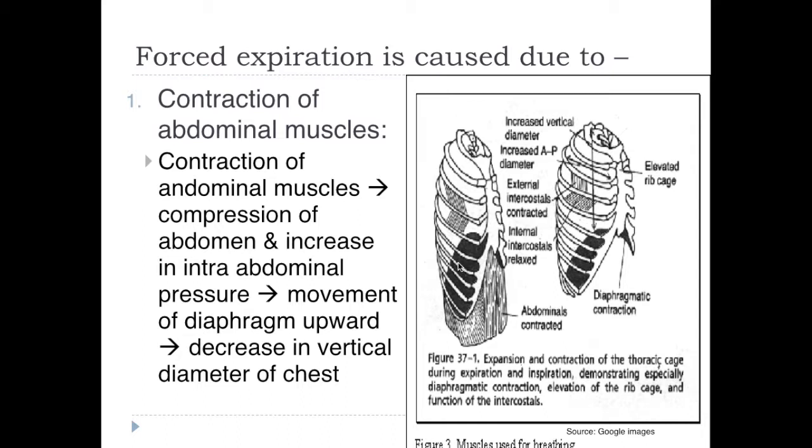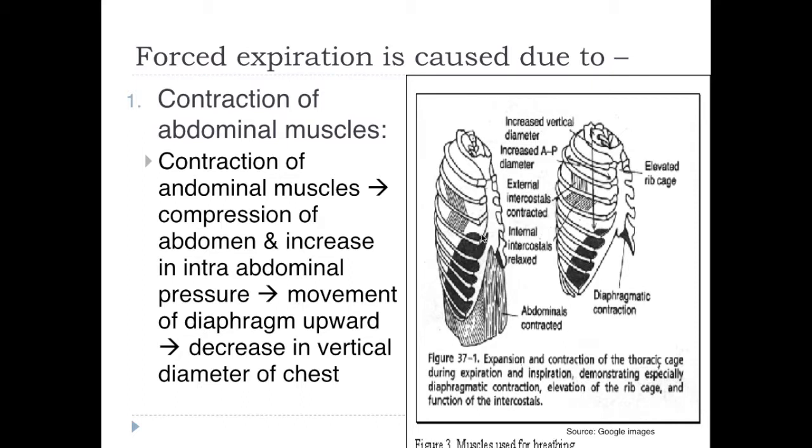First and foremost is contraction of abdominal muscles. The abdominal muscles we have already enumerated: the rectus abdominis, transverse abdominis, internal oblique and external oblique muscles. Now, compression of abdominal contents increases the intra-abdominal pressure and forces the diaphragm upward.